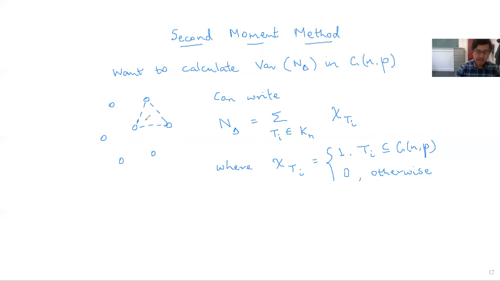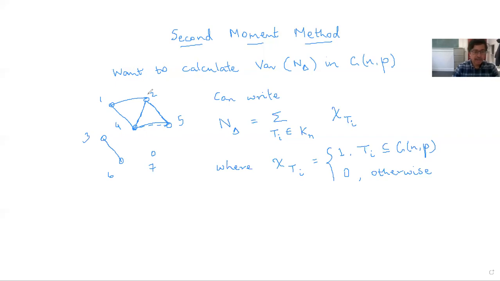So maybe this particular triangle does, maybe all these three edges are in fact present. And maybe these two edges are also present. And then this edge is present. In this case, there are two triangles present. So let me number the nodes 1, 2, 3, 4, 5, 6, 7.